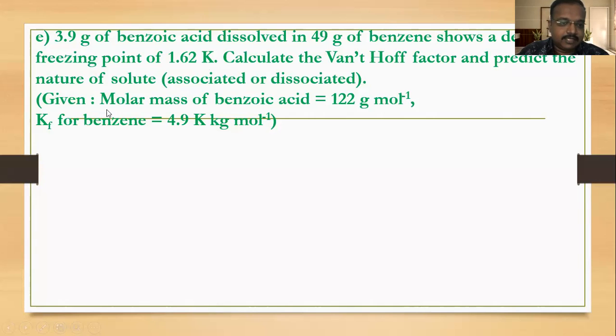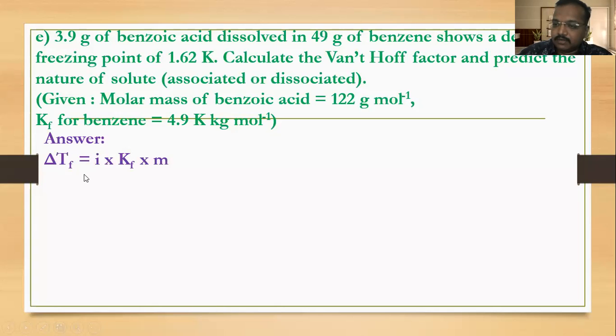Here the molar mass of benzoic acid is given as 122 gram per mole. Kf for benzene is 4.9 K kg per mole. Now let's move on to the solution.